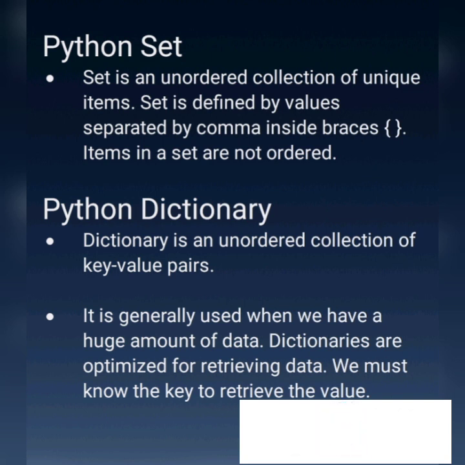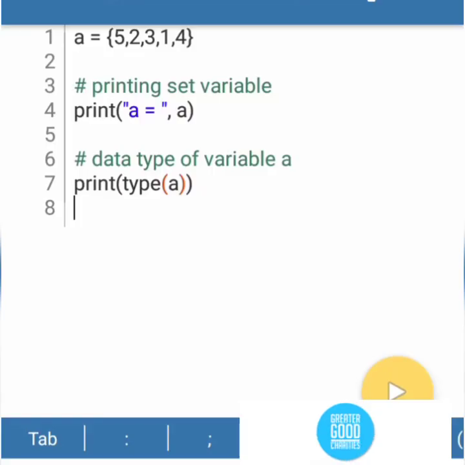And after that, set. A set is an unordered collection of unique items, and a set is defined by values separated by commas inside braces. Let's see the example. a equals {5, 2, 3, 1, 4}.